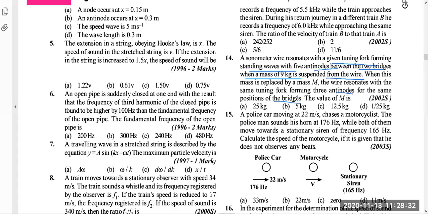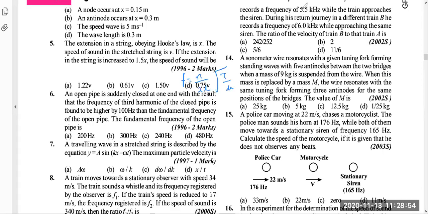Now what's the formula? Tell me. We know that frequency is equal to n by 2l root T by mu, yes or no?